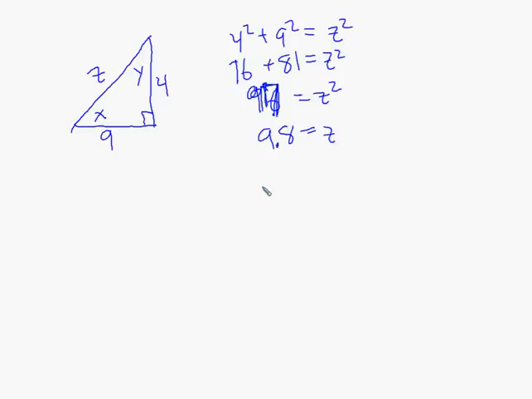How do I find x? Sine x equals 4 over 9.8. I want to avoid using that, so you use tangent. So tan x equals opposite over adjacent, so 4 over 9. So what do we do next?